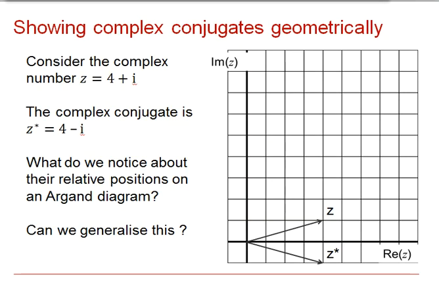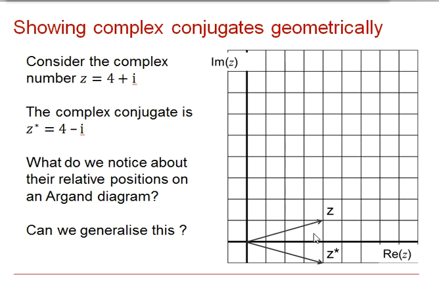In previous sessions, we looked at the idea of complex conjugates as being the roots of quadratic equations. Consider the complex number z equals 4 plus i, then the complex conjugate would be denoted by z star and equal to 4 minus i. Here they are plotted on the Argand diagram.